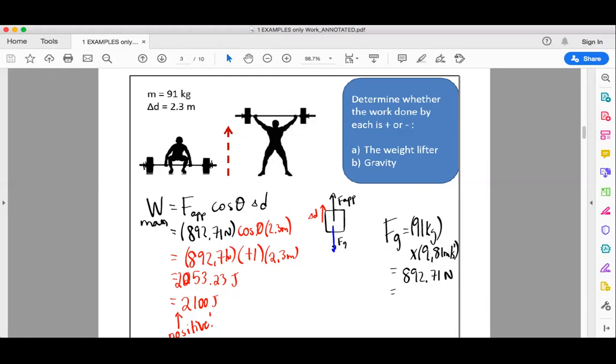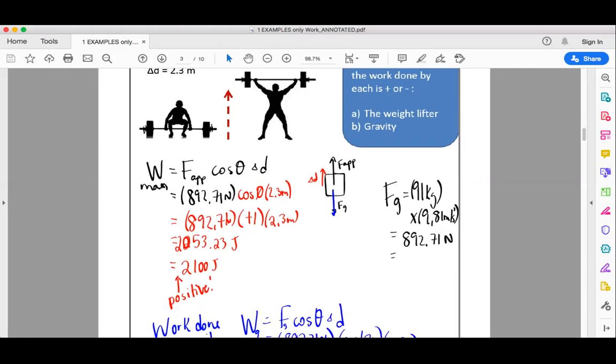So mass times gravity gives us our applied force. We sub that in here. And then cosine of 0 times 2.3. So that product gives us 2100 joules. Notice this is positive. The weightlifter does positive work on this barbell.